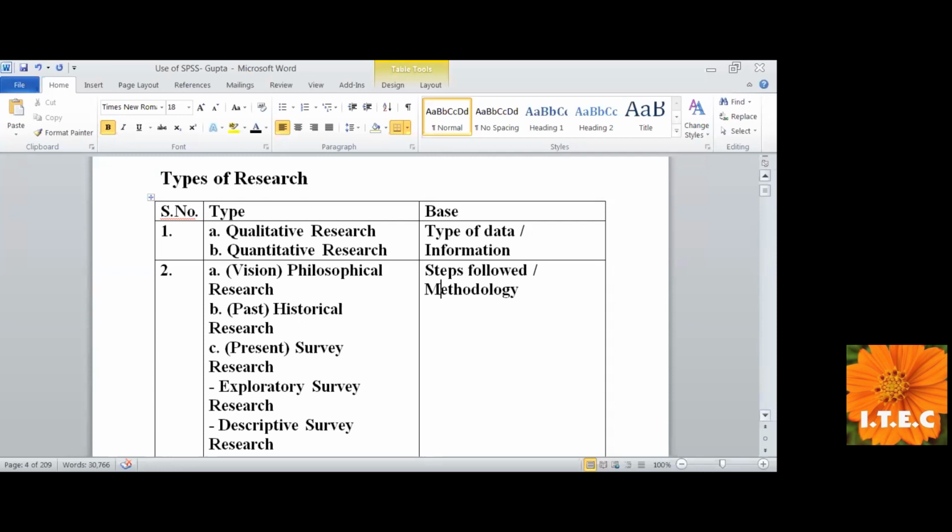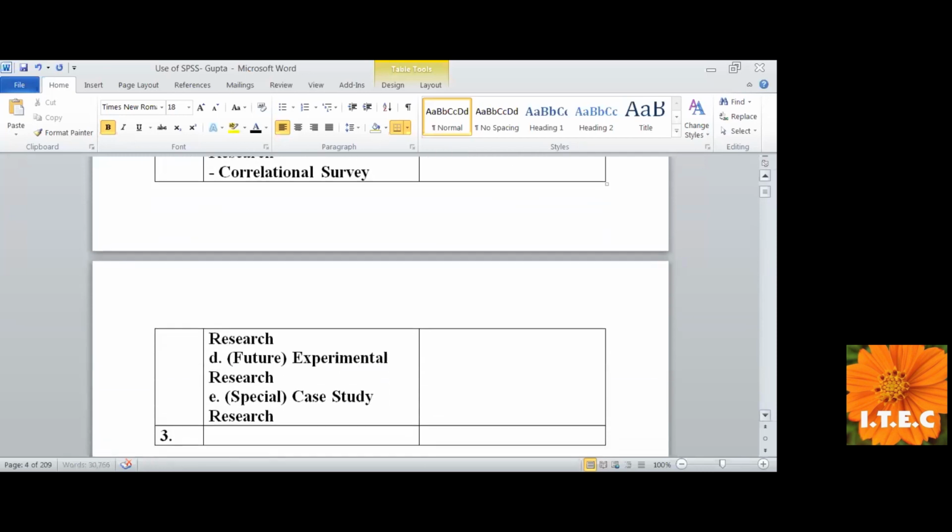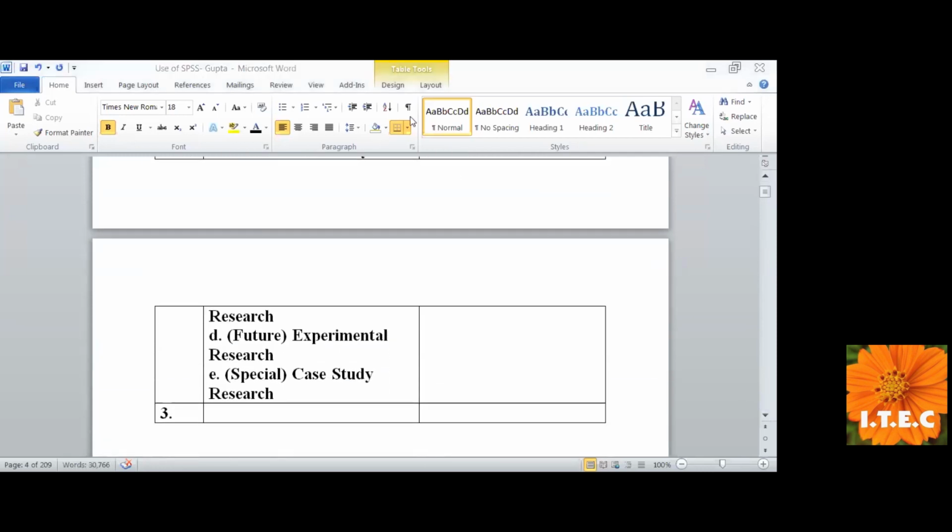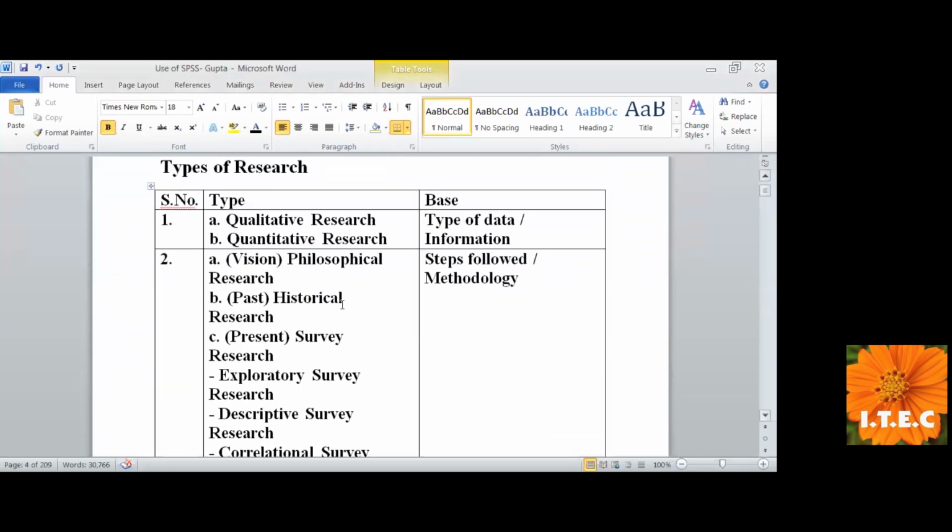Now there is one more way to describe the researches. Say your philosophical research is 100% qualitative in nature, because you will only have the qualitative information.